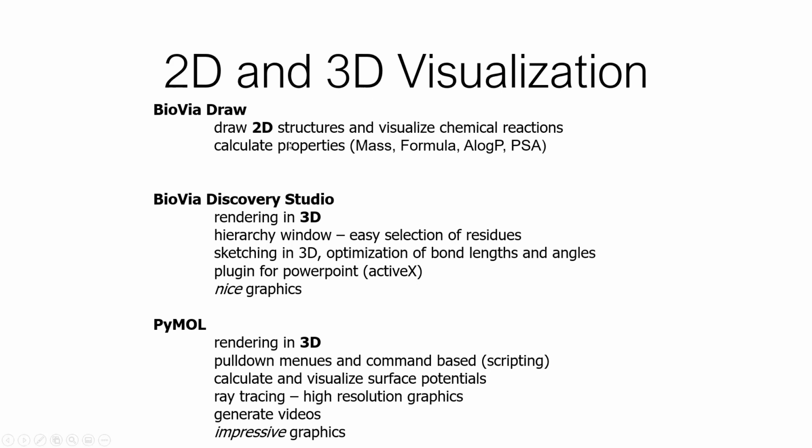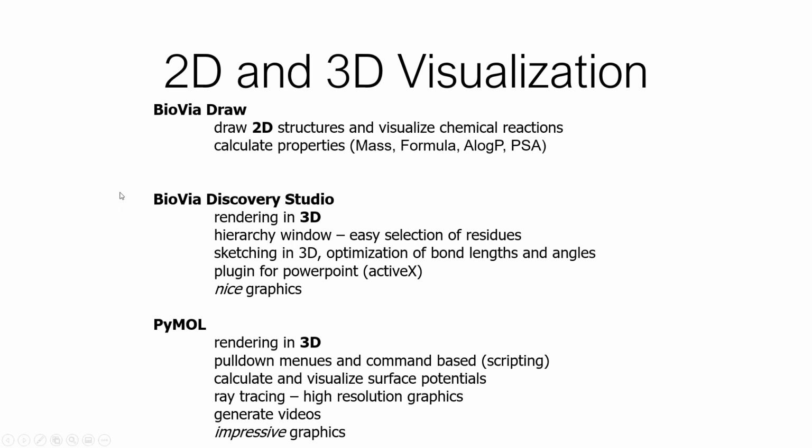And then we looked at PyMOL for rendering molecules in 3D. And you can have these really nice graphics that you can make with PyMOL, and you can also make videos that you can put on web pages if you want to.